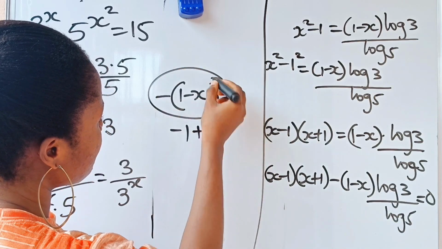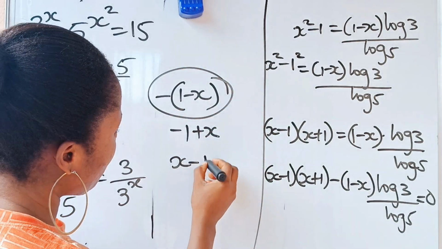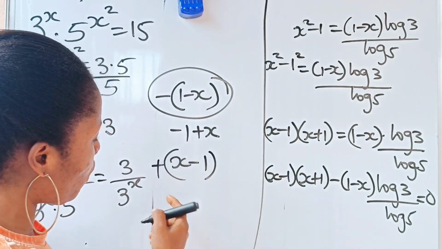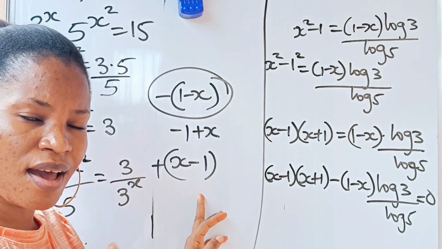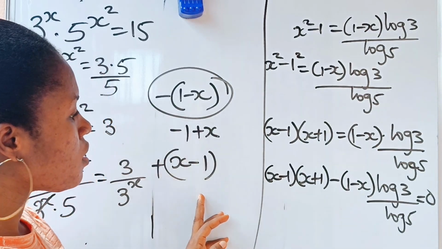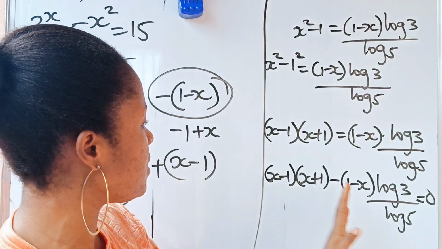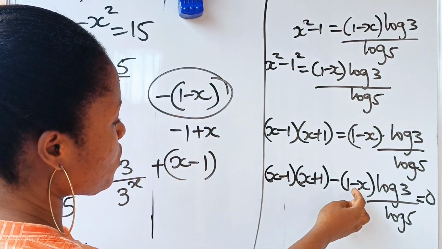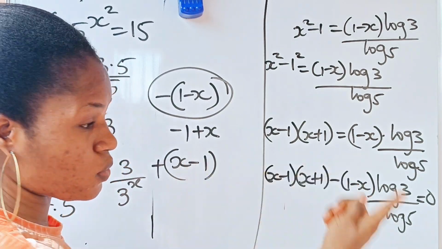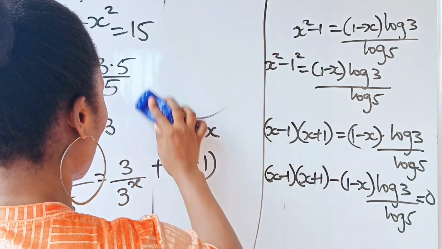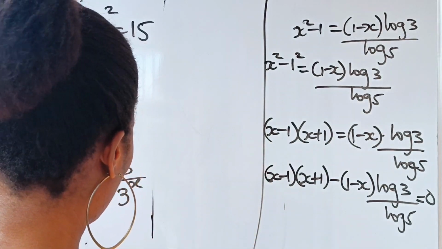That means this is the same thing as x minus 1. If I put plus in front of this, I have not changed the result, so I can rewrite this that way. Instead of writing minus 1 minus x, I'll write plus x minus 1.